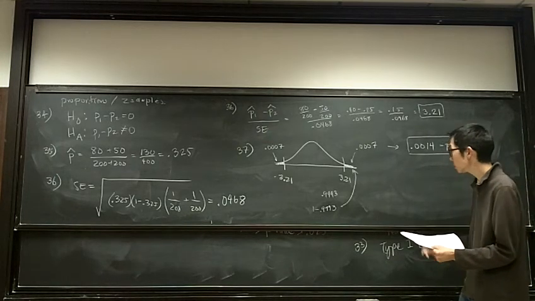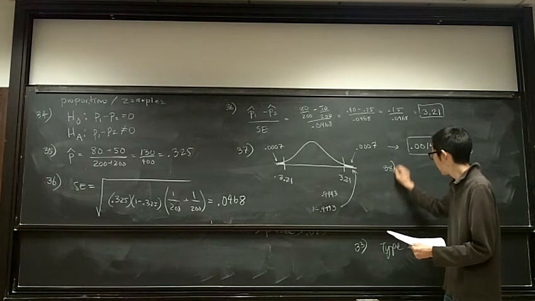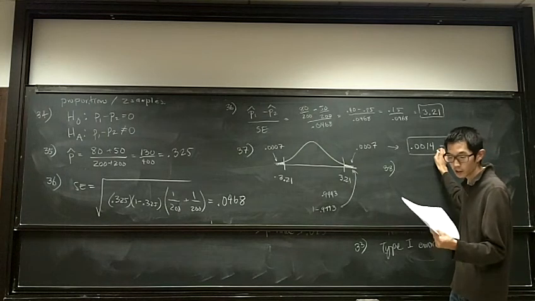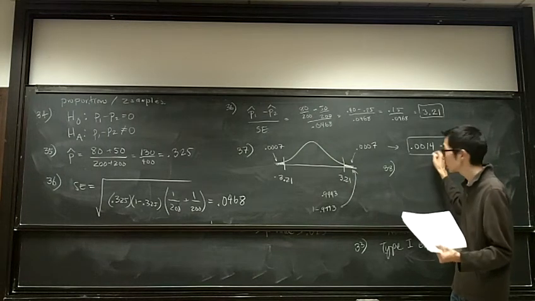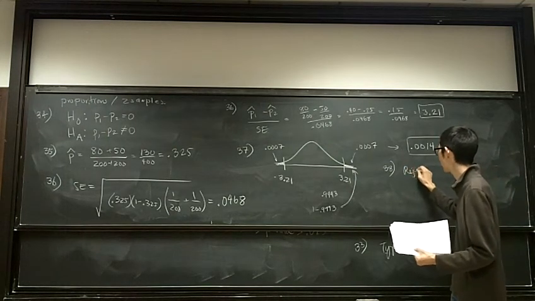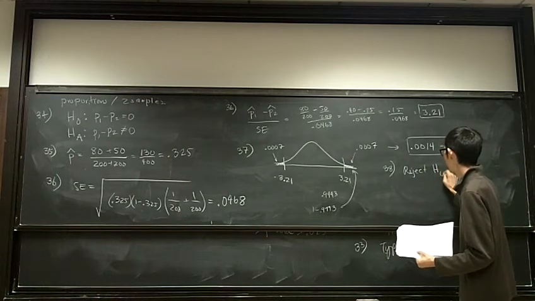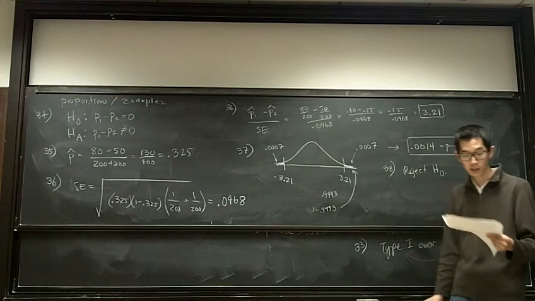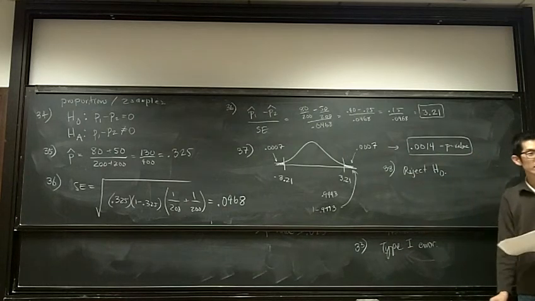Alright, and 38. What is the conclusion we make with this p-value? We reject the null hypothesis. And what does that mean in this context?